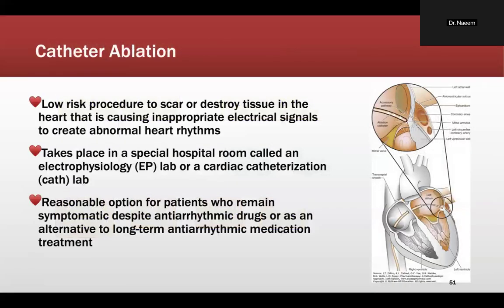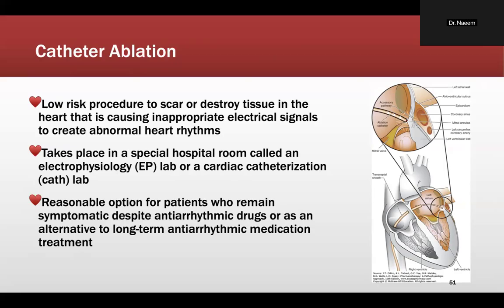This is a procedure that scars or destroys the tissue in the heart that's causing inappropriate electrical signals to create abnormal heart rhythms. This is in a special hospital room called an EP lab or electrophysiology lab.